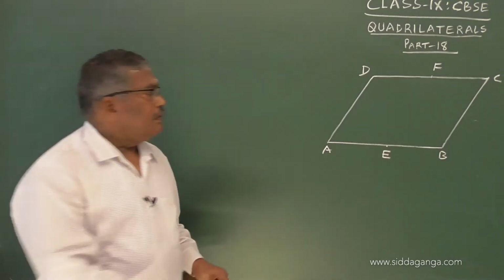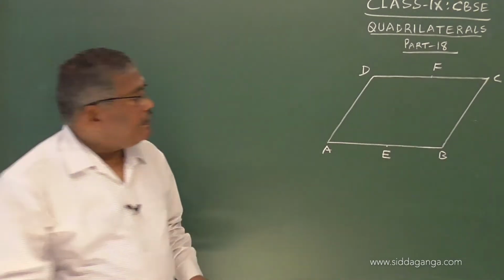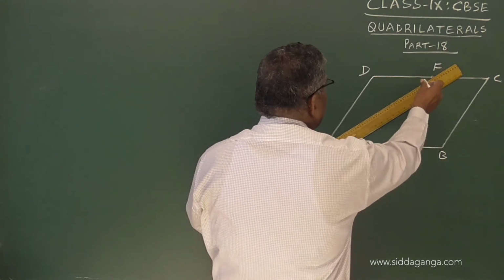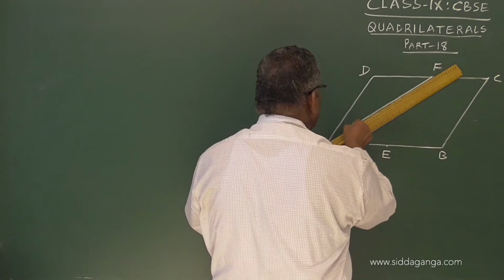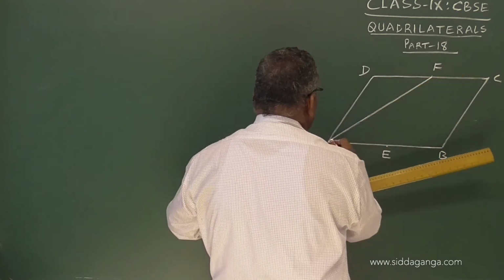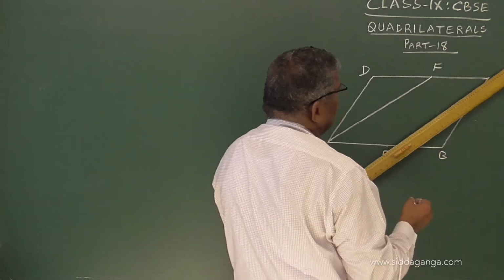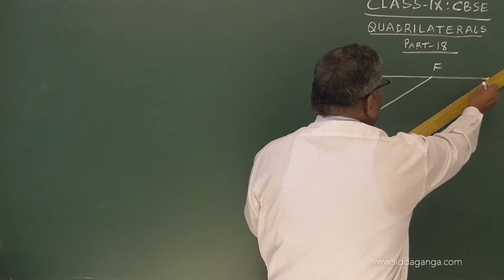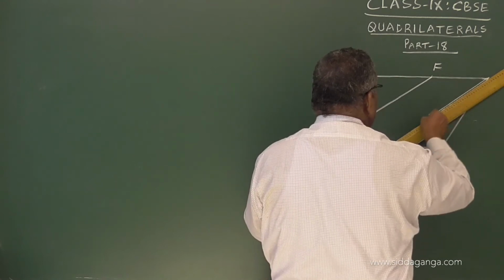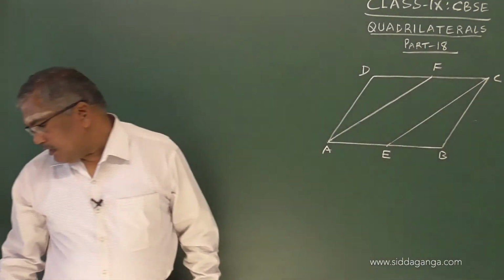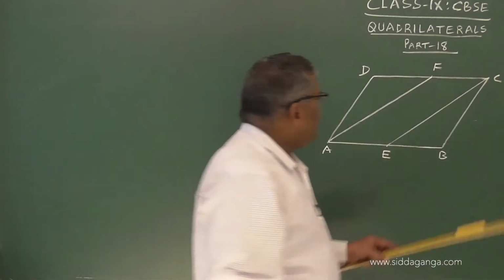Now join F with A and C with E. Join the diagonal BD.